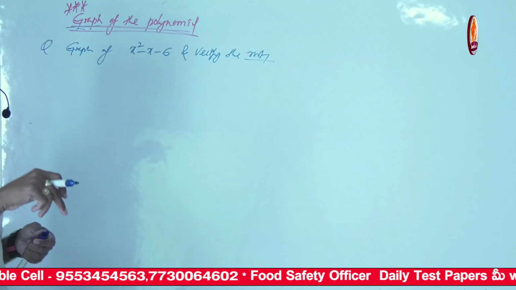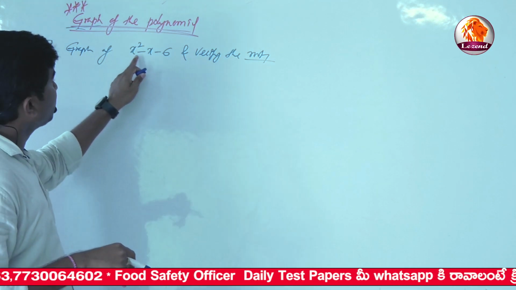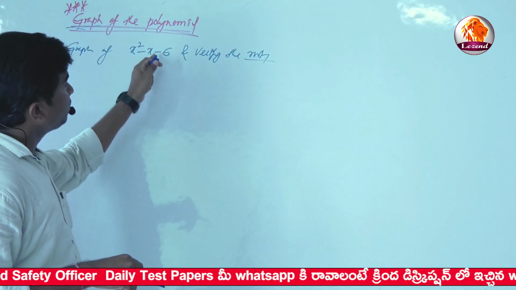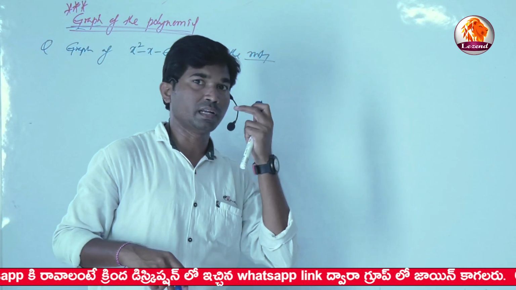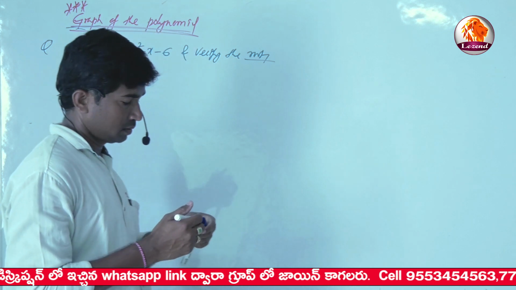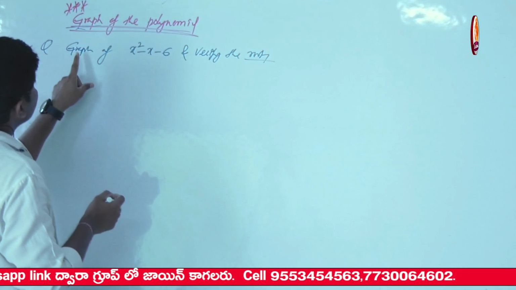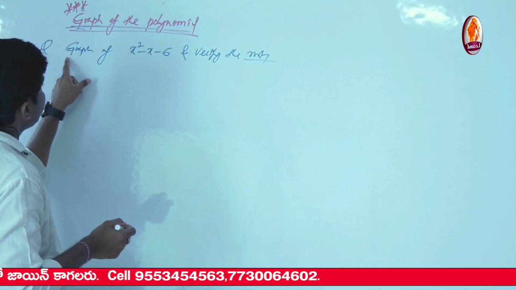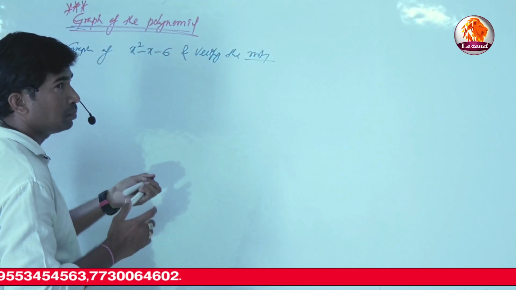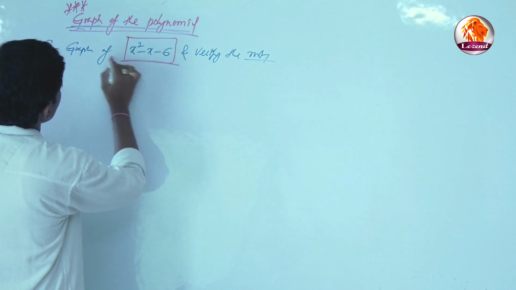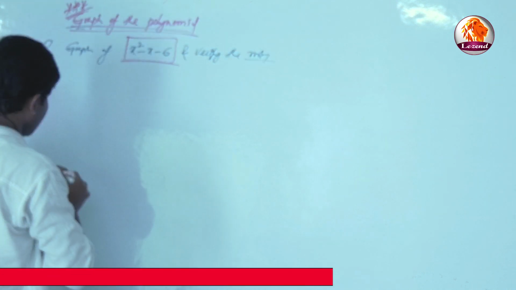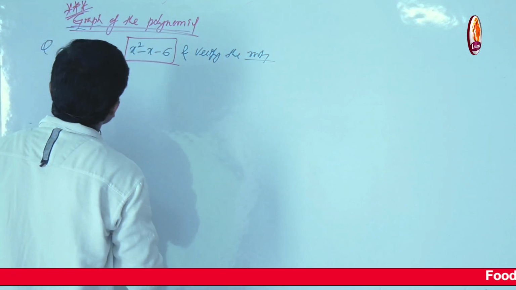Sometimes you are asked to find the roots of the quadratic polynomial and verify the relation between the coefficients and the roots from the graph. Now, draw the graph of, or find the roots of, x square minus x minus 6. This is a very, very important concept in this topic, polynomials.